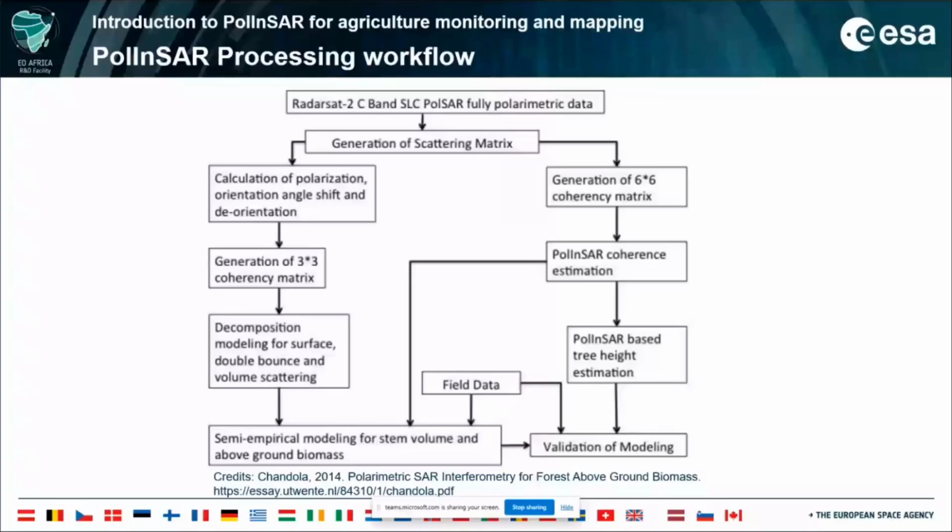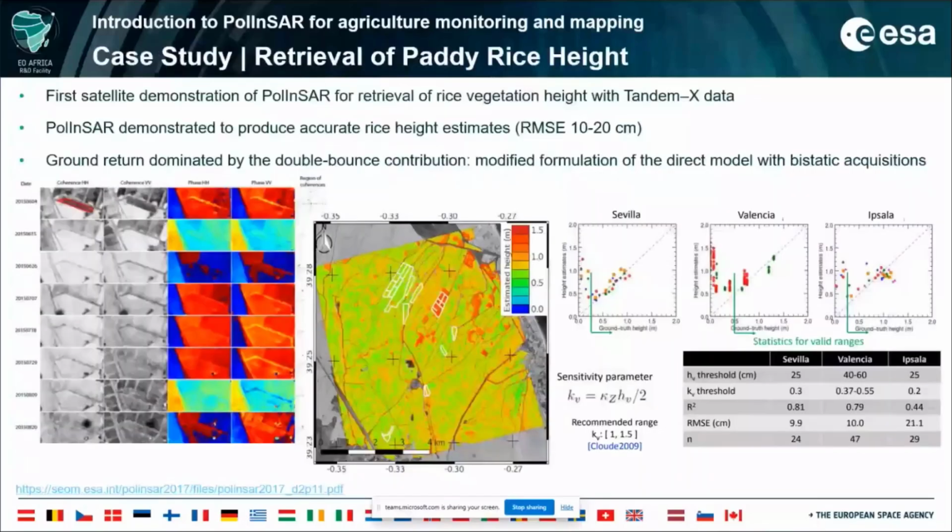Here I also prepared some views on the case studies which have been developed over the years. As I mentioned, the PolInSAR technique is quite new. This, for instance, was the first study, published in 2016 by Lopez-Martinez, who is also a developer of the PolSARpro tool.